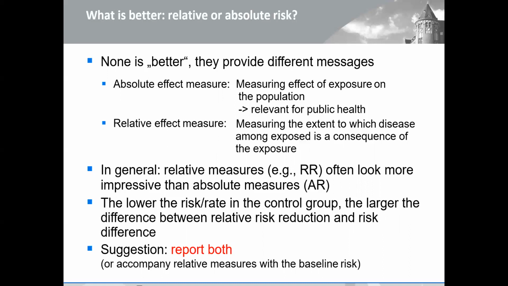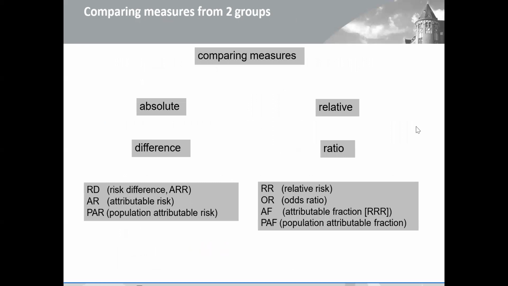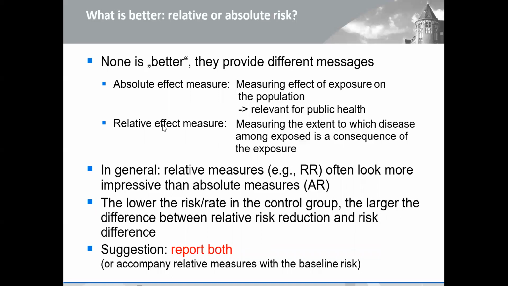So you cannot say I stick to relative measures as opposed to the other. Each of these measures provides different messages depending on what you are assessing. I gave you an example of vaccine efficacy, where you can use attributable fraction to refer to vaccine efficacy.